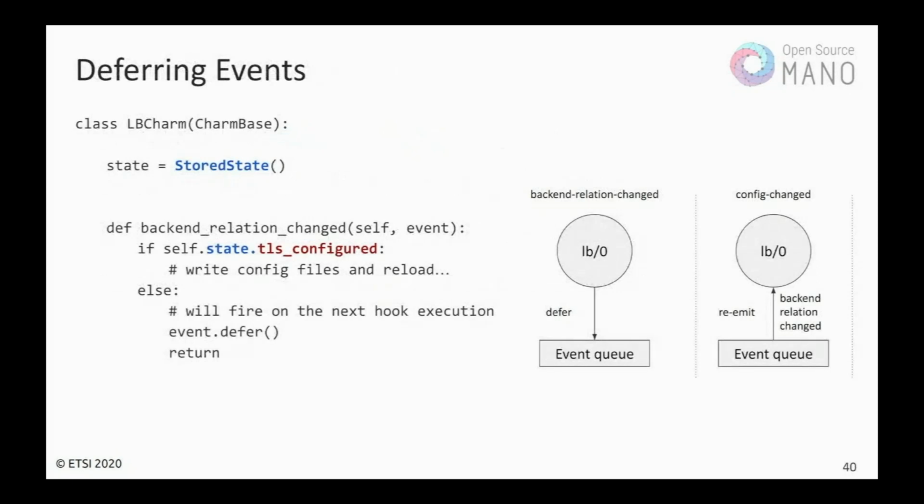So we've touched upon the concept of deferring an event, but just to go through that in a little bit more detail, you could have a handler that would look at some state variable or some other condition that is inferred from the target system and decide whether it is ready to handle that event or not.